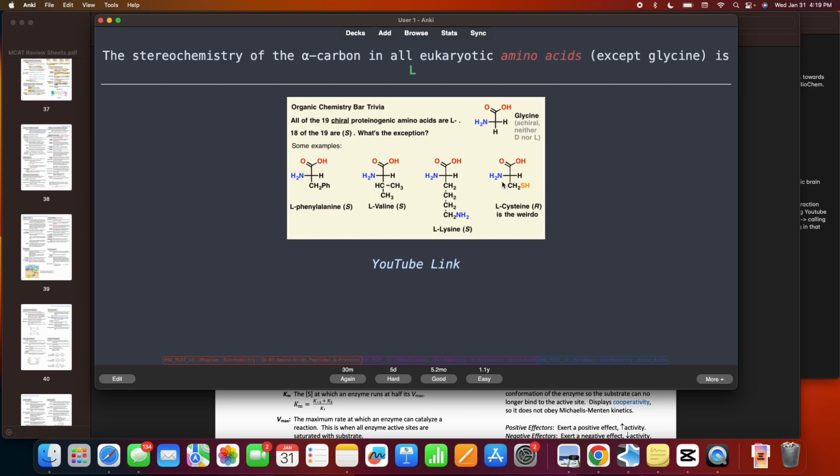For cysteine, because you're going first from here, because S is higher priority than oxygen, you go this way, and then when you reverse it, because you're passing through the hydrogen, you get an R. So that's why L-cysteine is an R configuration, and still it makes it an L-cysteine. So all the amino acids on the alpha carbon have L stereochemistry. Only glycine, because it has hydrogen, is achiral. That's it.